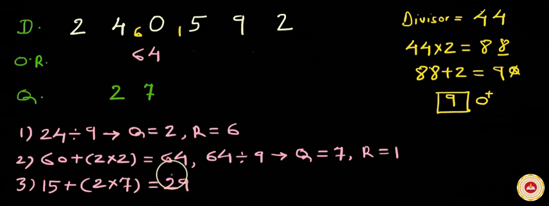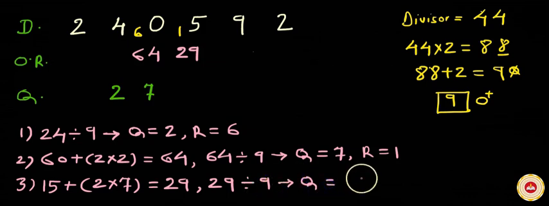So 29 is the second osculation number and should be written below this 15. So divide this 29 by osculator 9, which gives us quotient 3, 9 threes are 27, and remainder is 29 minus 27, remainder is 2.